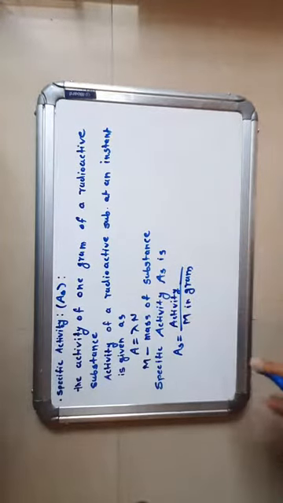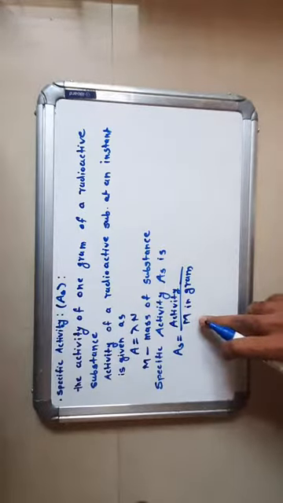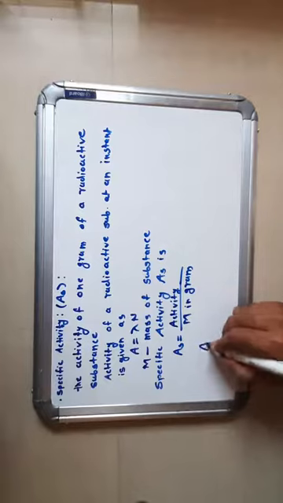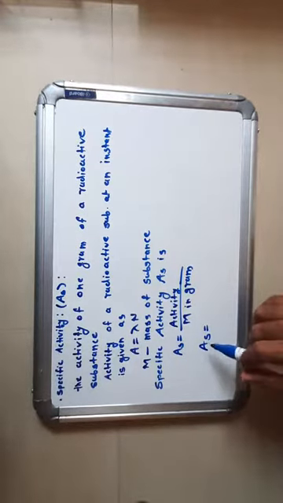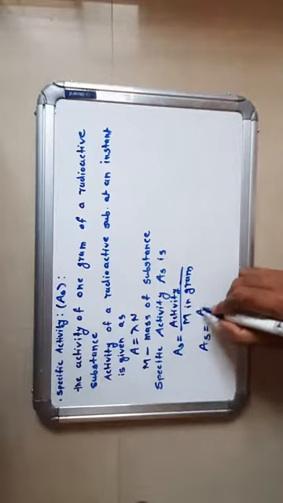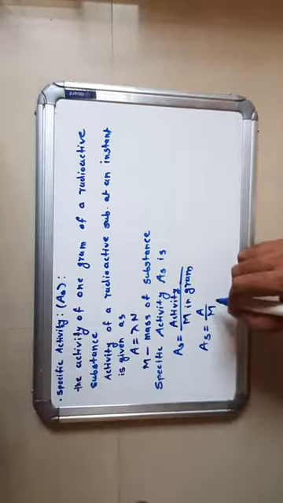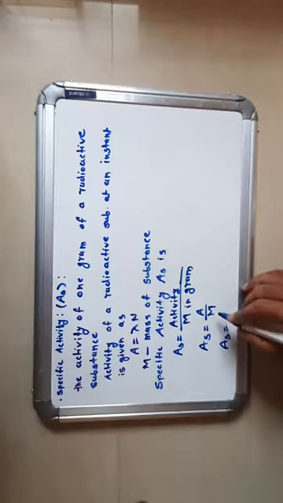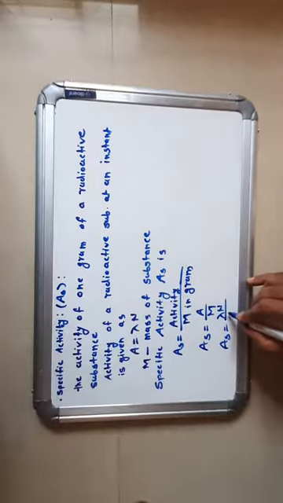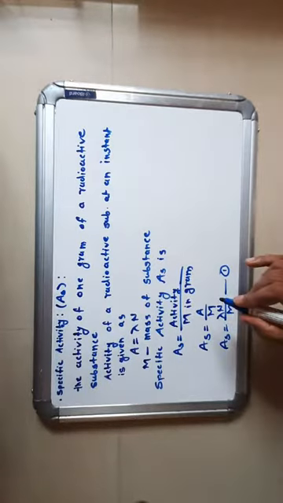Specific activity of a radioactive substance is equal to activity divided by mass in gram. That means A_S, specific activity denoted by A_S, is equal to A divided by M. A is the activity, M is the mass in gram. Then A_S is equal to lambda N divided by capital M. Right? This is equation number one.